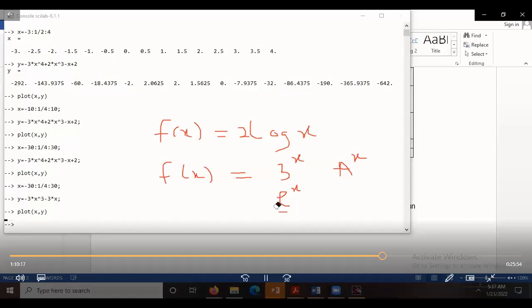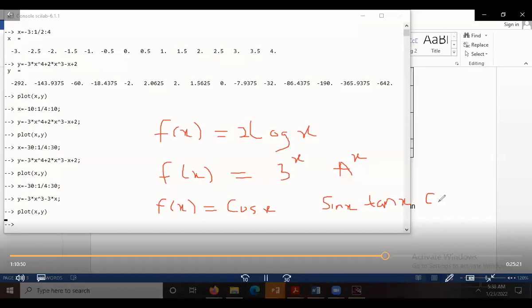Then we also have what we call the trig functions. The trig functions come in their own forms. We have f of x equals cos of x. We have the cos function. We can also have the sine function, sine x. We can have tan x. We can have cot x.